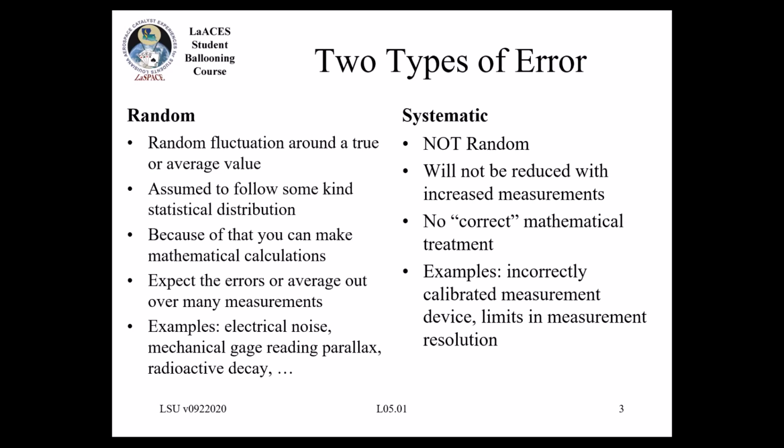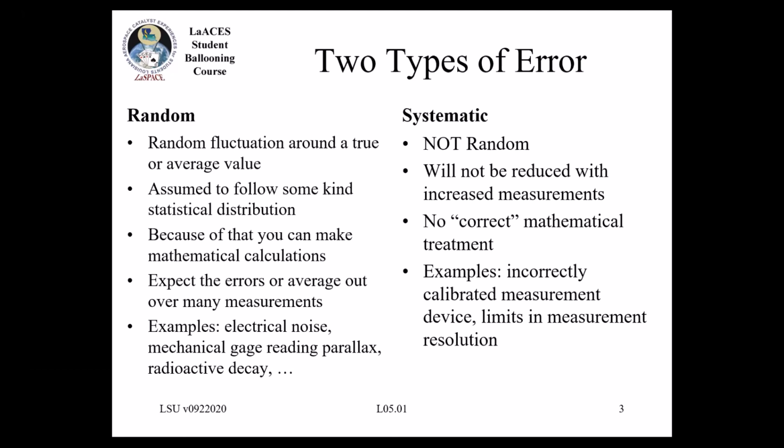Most importantly, it's the sort of error that you expect if you were to make multiple repeated measurements, that error would average out, and if you took the average, it would be a good representation of your measurement. So the sort of things this can be is electrical noise, maybe the variability in reading out a mechanical gauge.